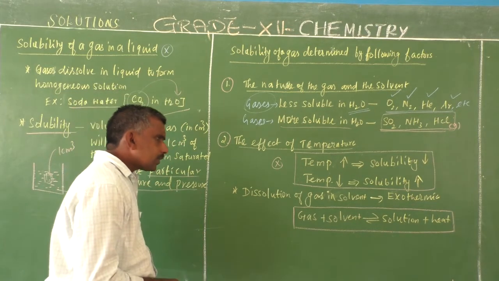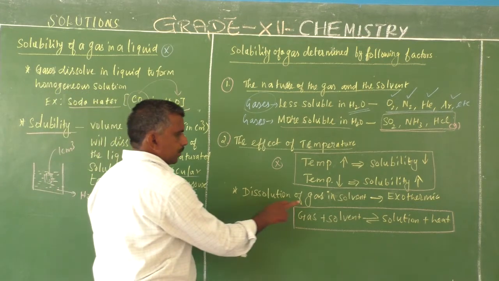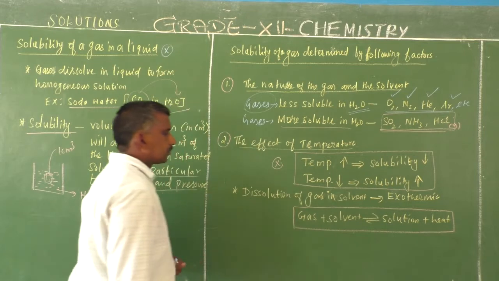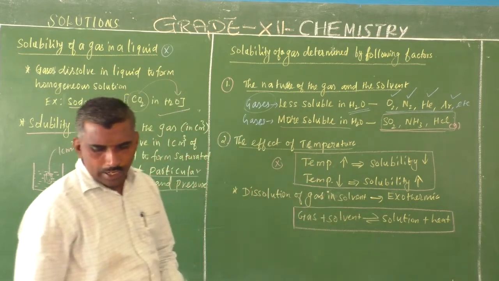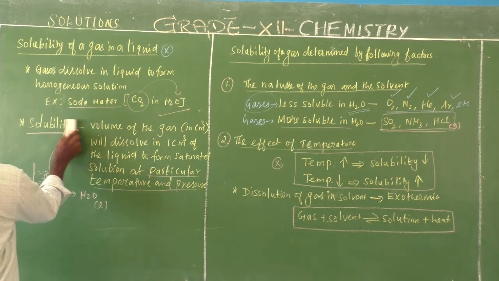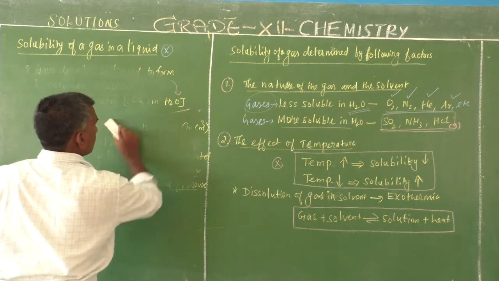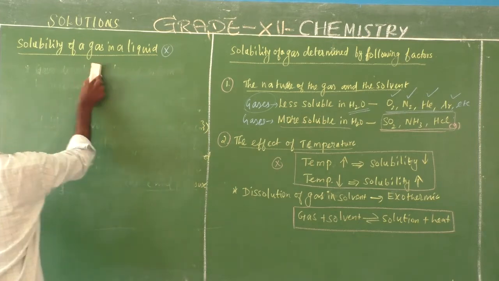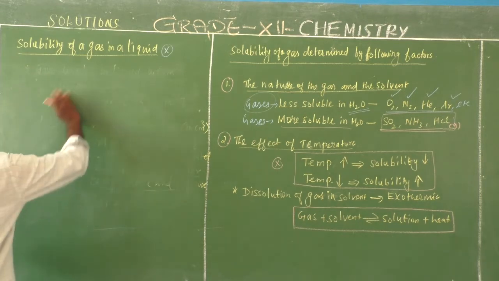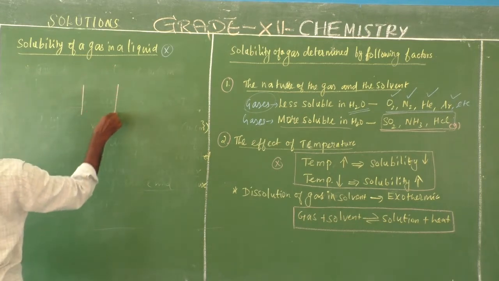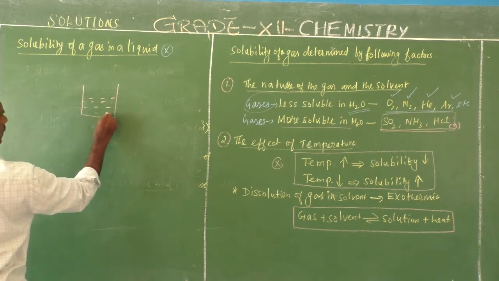Okay. Now you see how we will prove this: dissolution of gas in a solvent, that is, a gas dissolved in a solvent. For example, you take a beaker and fill it with water.